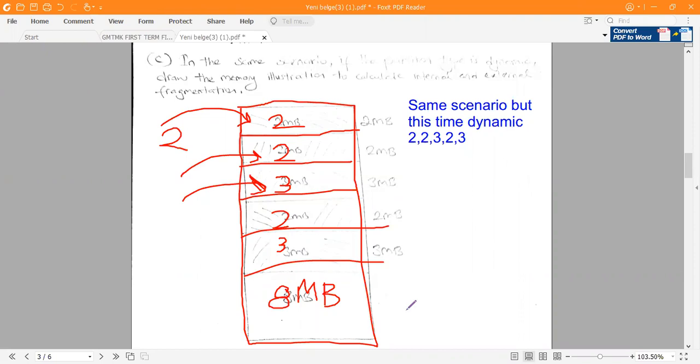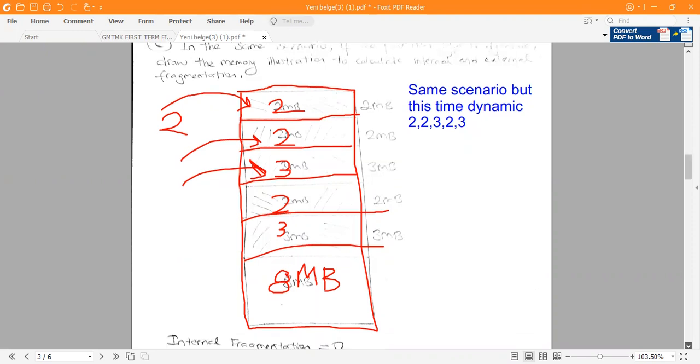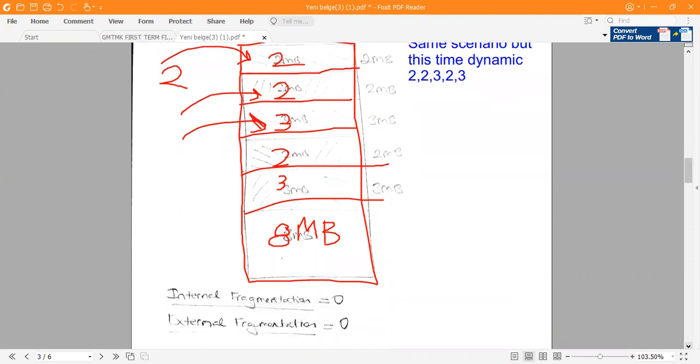So this is how you can draw and answer part C. Here, the internal fragmentation is 0 because we are creating the partitions according to the process sizes.